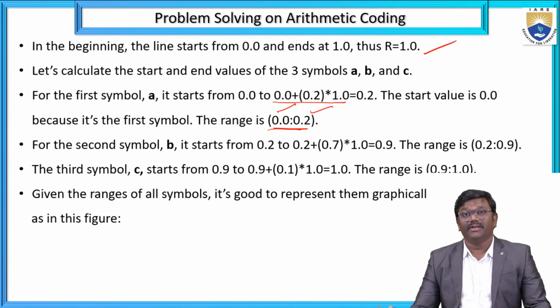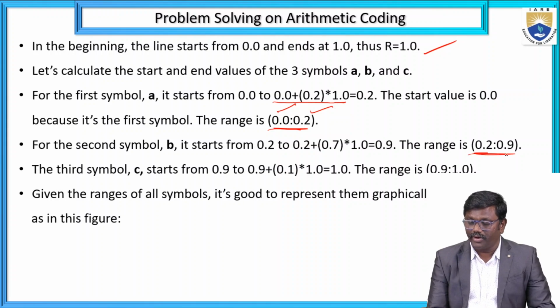For the second symbol B, it starts at 0.2 and ends at 0.2 plus 0.7 times 1.0, using the values calculated earlier. The range starts at 0.2 and ends at 0.9, so the range is 0.2 to 0.9.